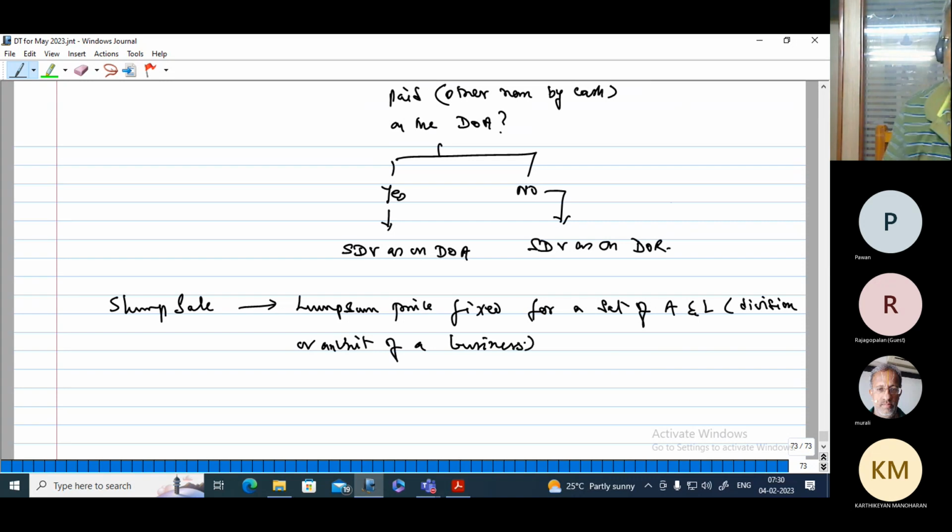Lump sum price fixed for a set of assets and liabilities, a division or a unit of a business.